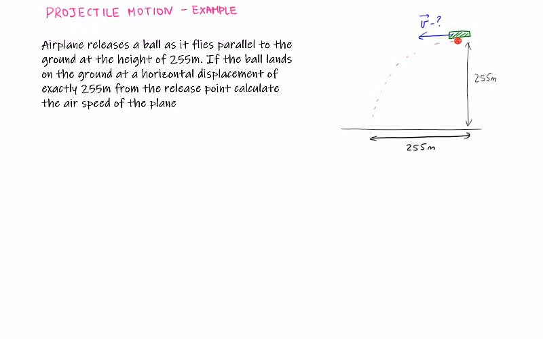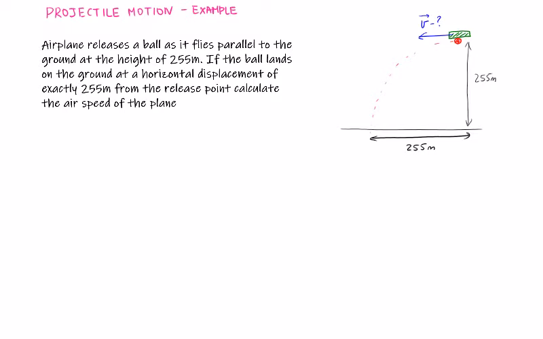To solve this problem, let's understand one thing. Since the ball, before dropping, was in the airplane, the ball also was moving with the same speed as the plane. So when the ball has been released, the initial velocity will equal the plane's velocity.